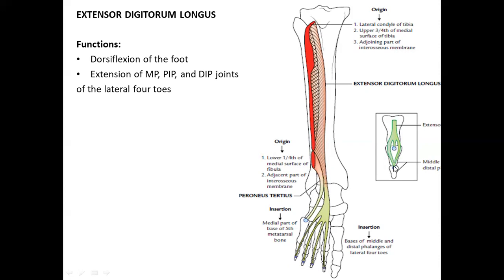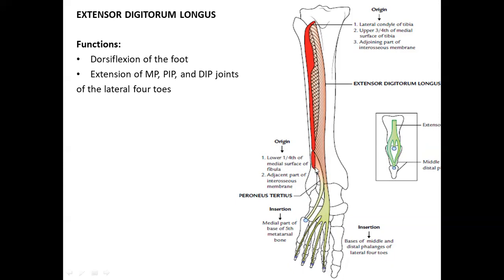It is a dorsiflexor of the foot, dorsiflexes the foot, and obviously it will cause an extension at the metacarpophalangeal joint, at the proximal interphalangeal joint, and the distal interphalangeal joint as well. Then we have the peroneus tertius muscle.